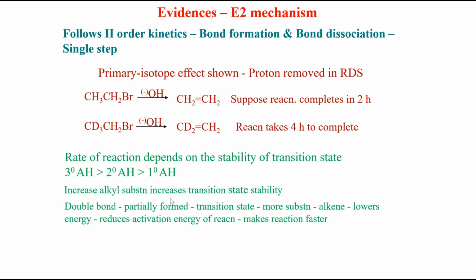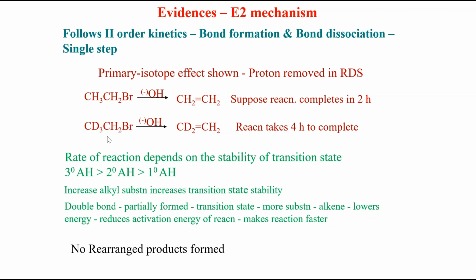The double bond which is partially formed in the transition state has more substitution, that alkene has lower energy, and thus it reduces the energy of activation for the reaction. Hence the reactions become faster in case of tertiary alkyl halides.